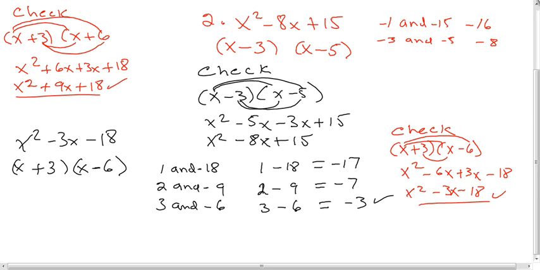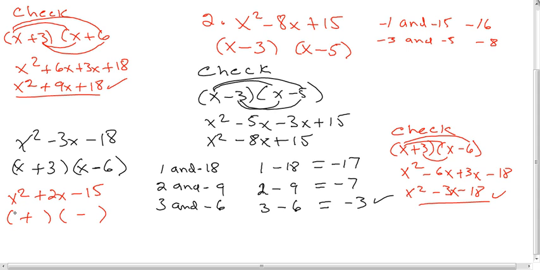We won't check it, but we'll just take a look at what factors we use when we have a positive b and a negative c. Okay, so we'll take a look at the problem x squared plus 2x minus 15. Okay, let's go ahead and throw our parentheses in, and we know one's going to be positive, one's going to be minus.